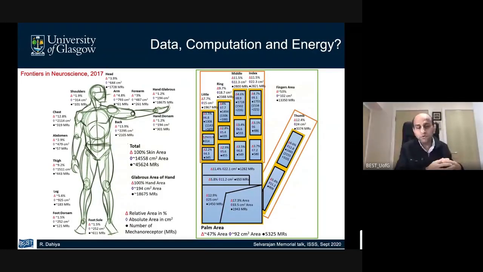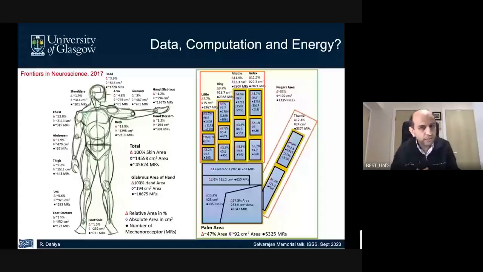So there is simply no way you can transfer all the data, allow the brain to process this, and then take action, move actuators. It has to be distributed computing. And this is also what the human body does. Distributed computing takes place right from the point of contact. At every stage, the touch data is processed partially, and by the time it reaches the brain, it is just the high level information that the brain processes.